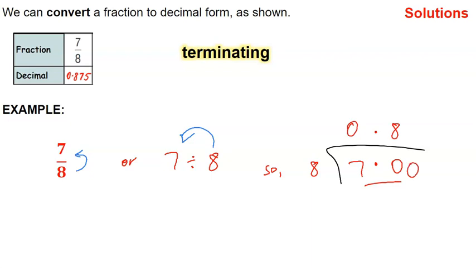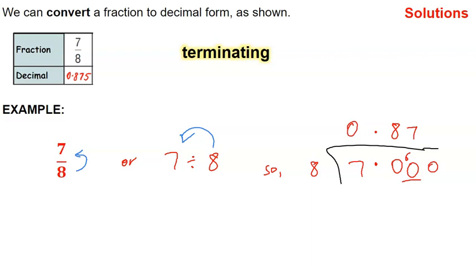Introduce another 0. 8 eighths are 64. That means the remainder up to 70 is 6. Can 8 fit into 60? Yes, it can 7 times, because 7 eighths are 56, but there's a remainder.